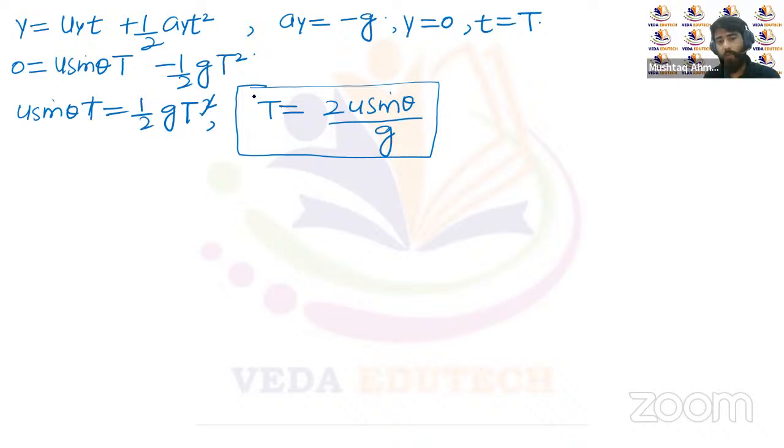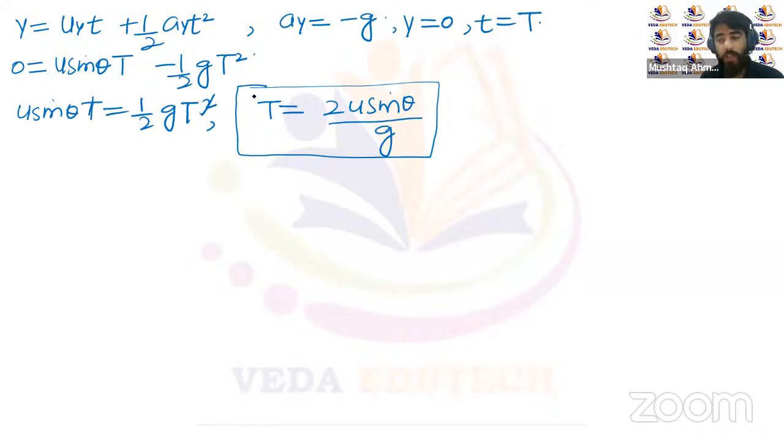So the time of flight here, we can see clearly, depends upon two factors mainly. One is the initial velocity with which it has been projected, and another is theta, that's the angle which this projectile initially makes with the horizontal line of the xy plane. So theta is the angle with which it has been projected obliquely.